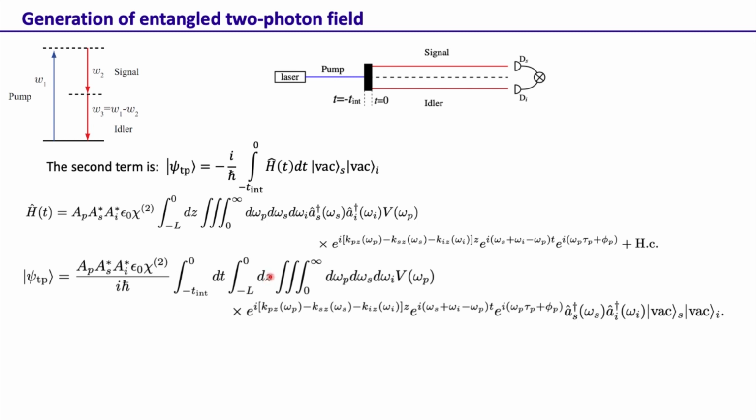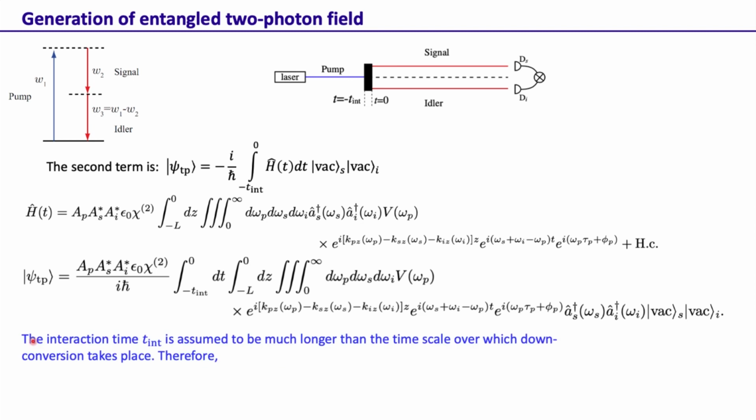This also involves an integral over the length of the crystal, and then it has these 3 different frequency integrals, and we have this creation signal operator and creation idler operator acting on the vacuum. When this creation signal operator acts on this vacuum state, it gives us a signal photon at frequency omega s. When this acts on this vacuum idler mode, it gives an idler photon at frequency omega i.